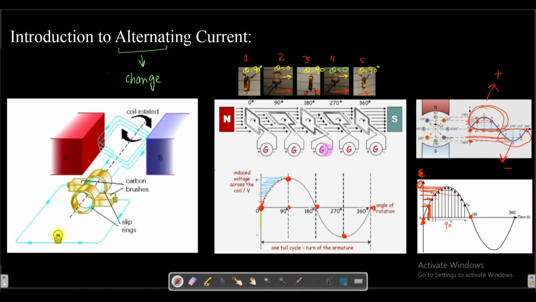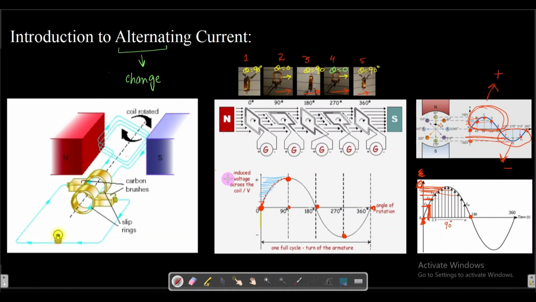When we provide a DC supply to a circuit, the electrons will flow in one direction, from the negative terminal to the positive terminal.